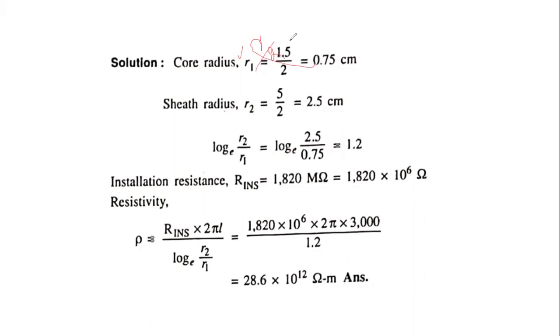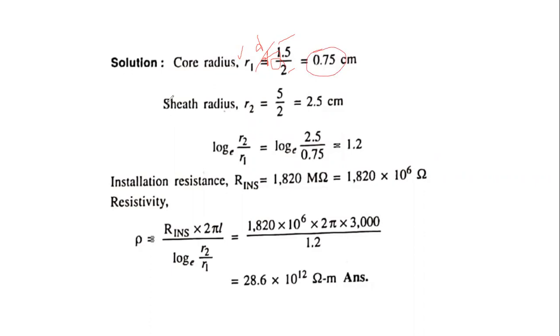Radius is equal to small d by 2, that is small d is 1.5 and divided by 2. Then we obtain R1.